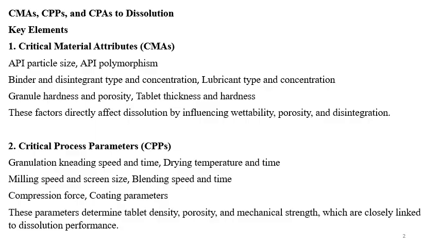So CMAs like particle size, API polymorphism, and formulation excipients like binder, disintegrants, lubricants, their type and the concentration directly affect the dissolution. Consider this video for the oral formulations, and you can consider examples like tablets, capsules and oral suspensions, so that you can relate these things.